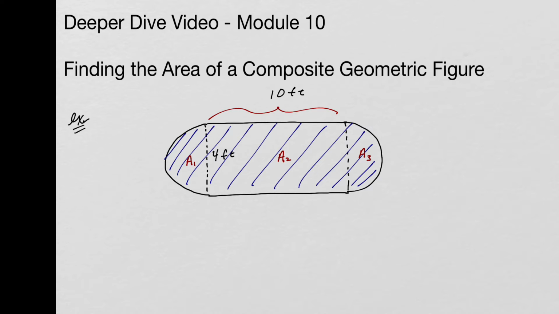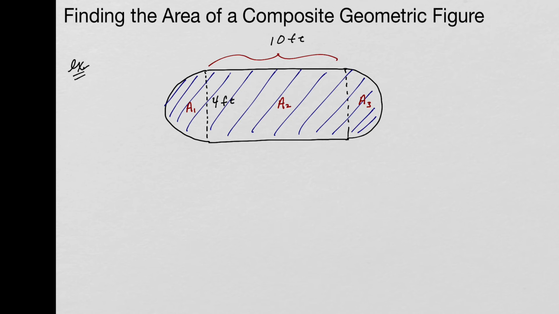So can you see that if I want to know the total area of this whole shaded region, I simply have to add area 1 plus area 2 plus area 3, right? So the total is simply going to be area 1 plus area 2 plus area 3.